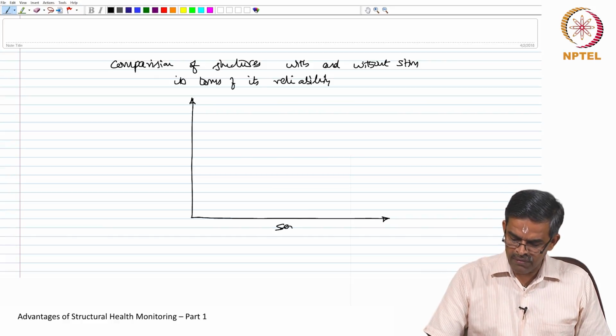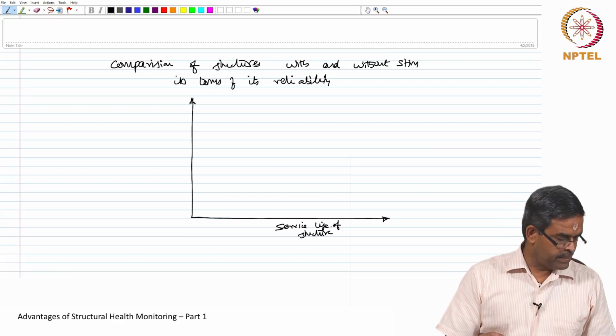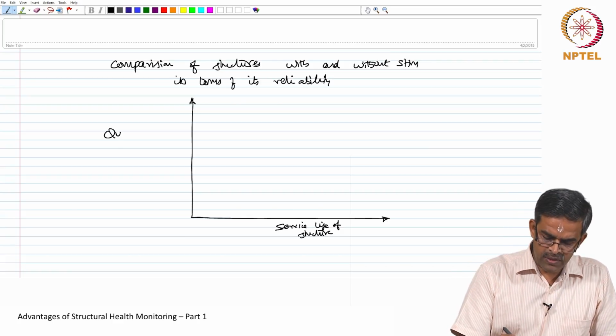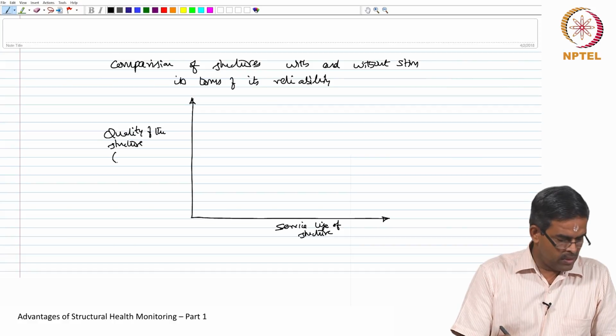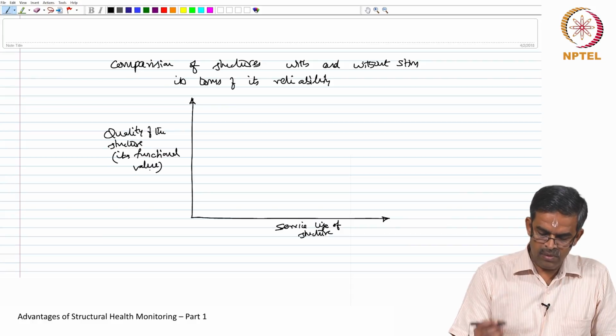We will be plotting the service life of the structure on the x axis and the quality of the structure in terms of its functional value on the y axis.